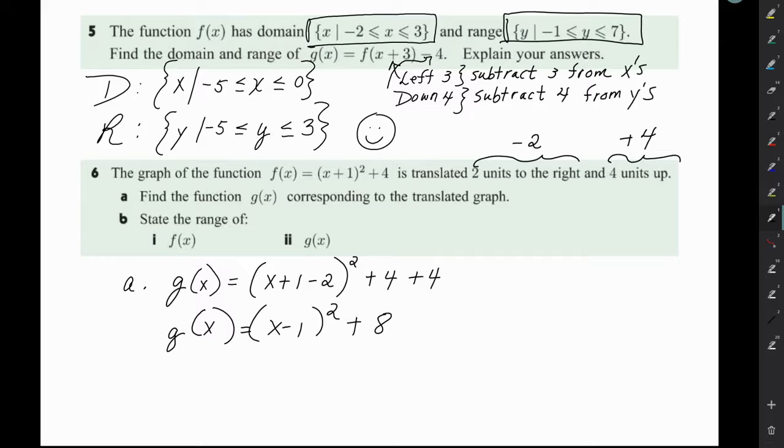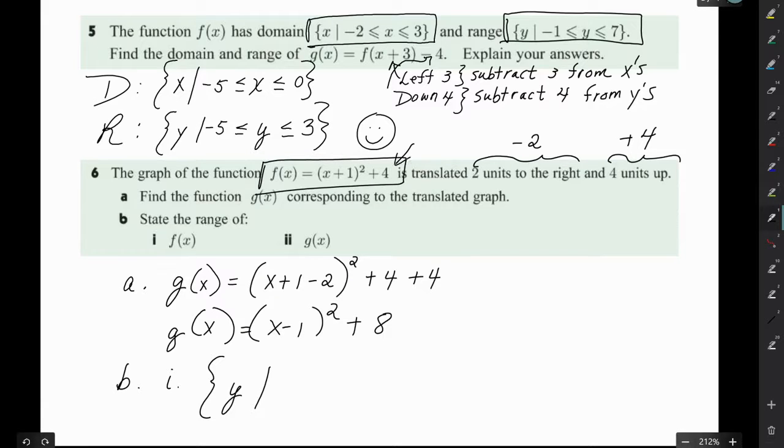Now we're going to be talking about the range. So let's see, letter B. We want to know what is the range of the original function. So the original function, the original guy, started at a value of 4, right? Here's our parent function.